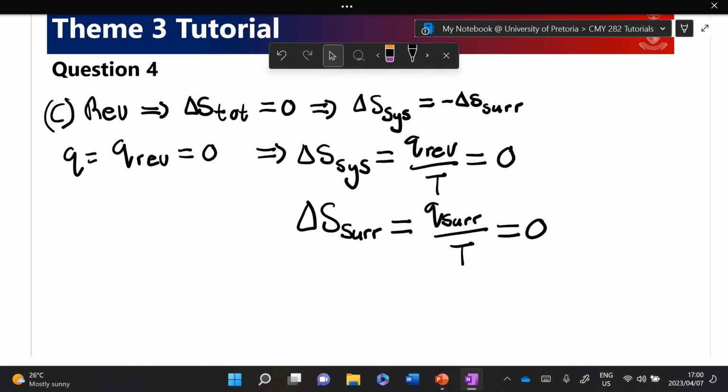Right. For an adiabatic irreversible process, your system change is non-zero, and your total change is non-zero, but your surrounding change will be 0, because that's the only one that's just dependent on the heat. But that's covered in the previous question, question 3. Right. But for a reversible adiabatic change, this you take it to the bank and you can cash it.